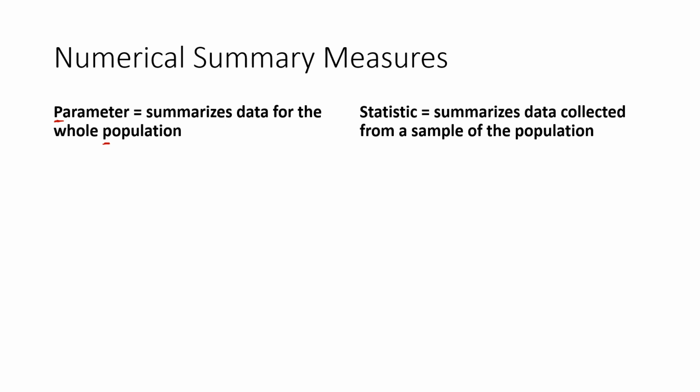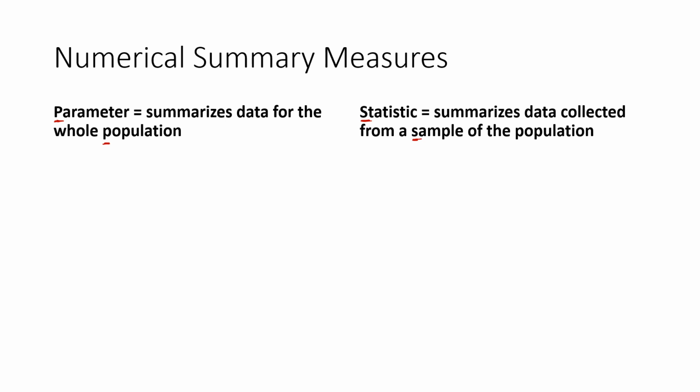A statistic is what we call a number that summarizes the data collected from a sample of the population. And again, statistic begins with S and sample begins with S. And statistics are numbers that are calculated to summarize the data in the sample. So remember, the P's go together and the S's go together.